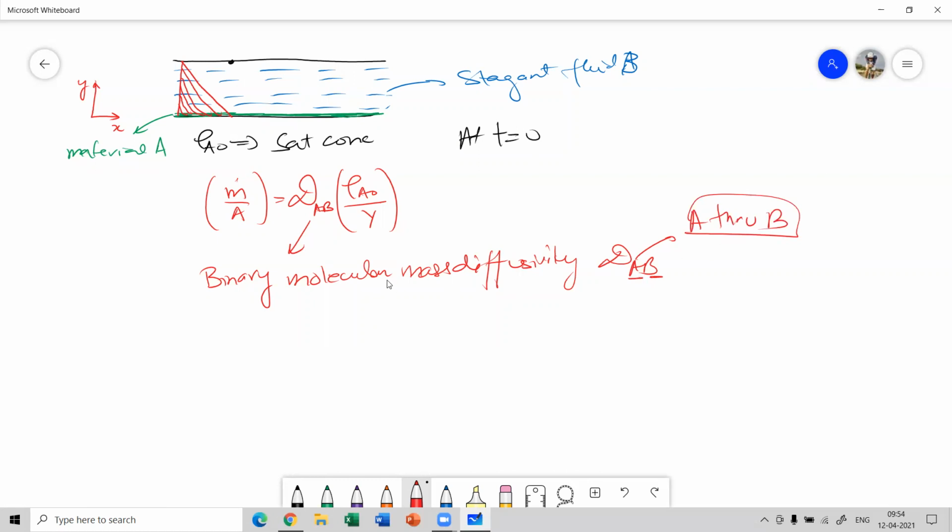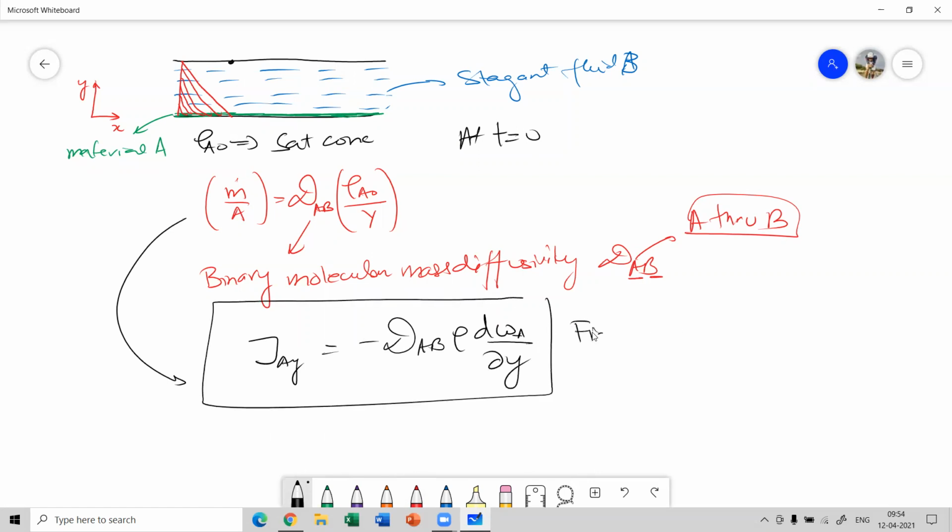So in a microscopic form, this equation can be written as JAY is minus DAB into rho dWA by dy.